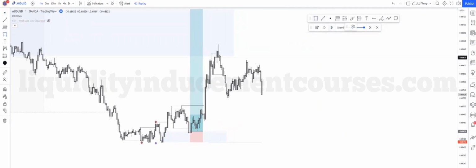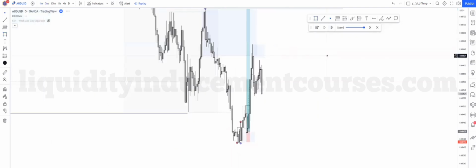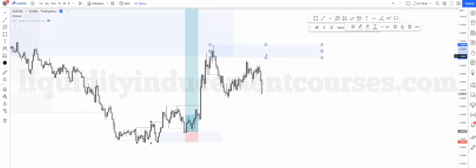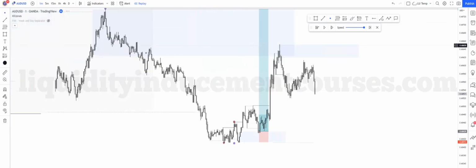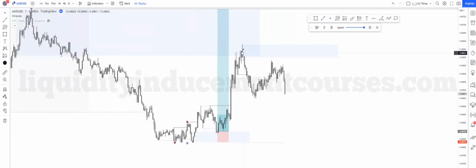And the candle that took out liquidity was this one. Let me check the 5. Yeah, it's an unmitigated wick on the 5-minute, which is simply a rejection block on the 1-minute. So this never mitigated, right? It never came in to mitigate this area here.